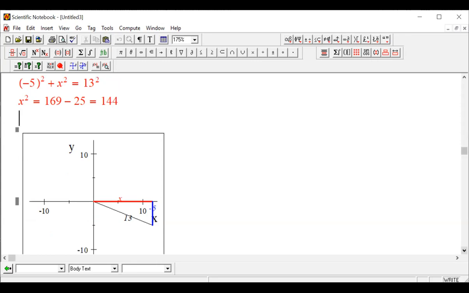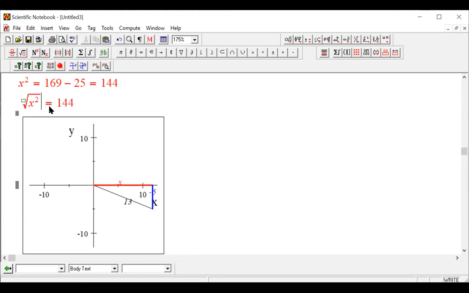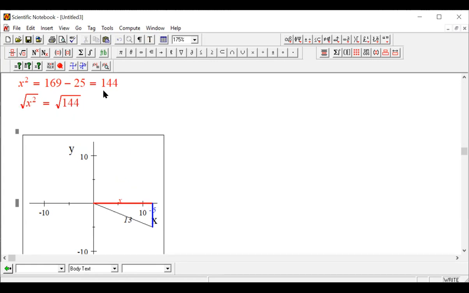You can see these academic questions actually make it much easier to manipulate. You just have to understand the basic principles behind it. So the square root of 144 is 12, and the absolute value of X is 12.